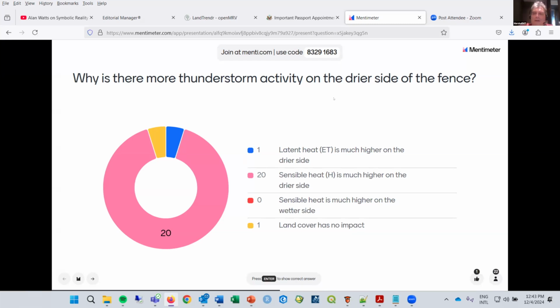Yeah, no problem. This question I think is important because it really fundamentally helps you to understand why these energy balance approaches work. Like I said, there's this trade-off between sensible heat and latent heat. What we typically find is vegetated areas have higher latent heat.